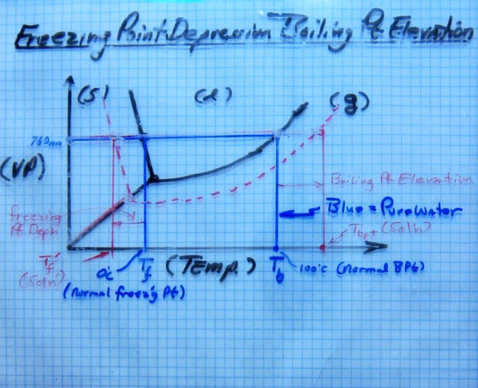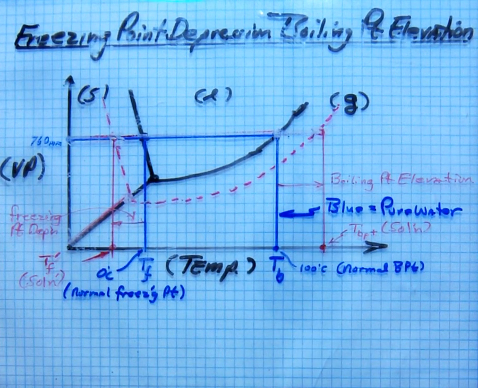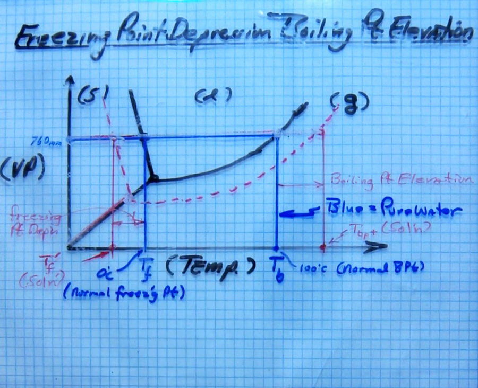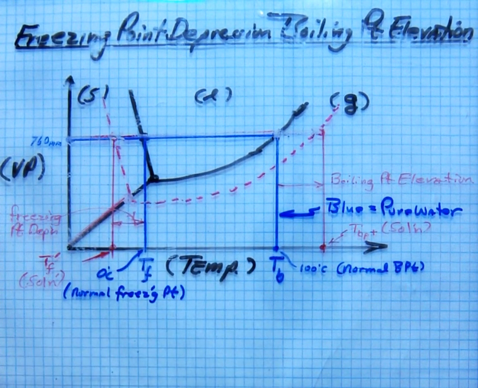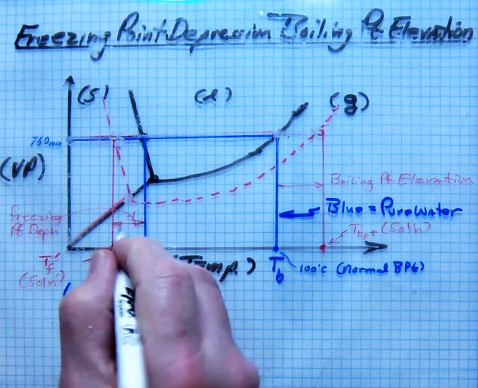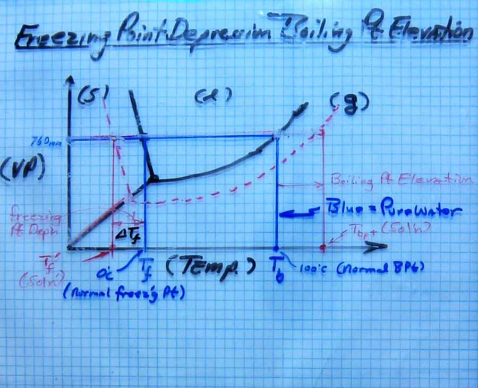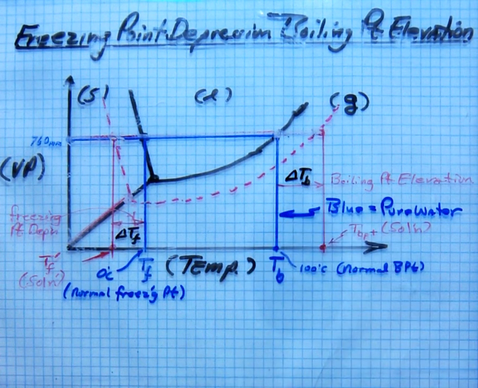Okay, so you now have new freezing points and new boiling points because of the solution that was made. The distance between here and here can be calculated. That change in temperature right here is called delta TF, which is the freezing point depression. And over here, this one is the delta TB. That's your change in boiling point.